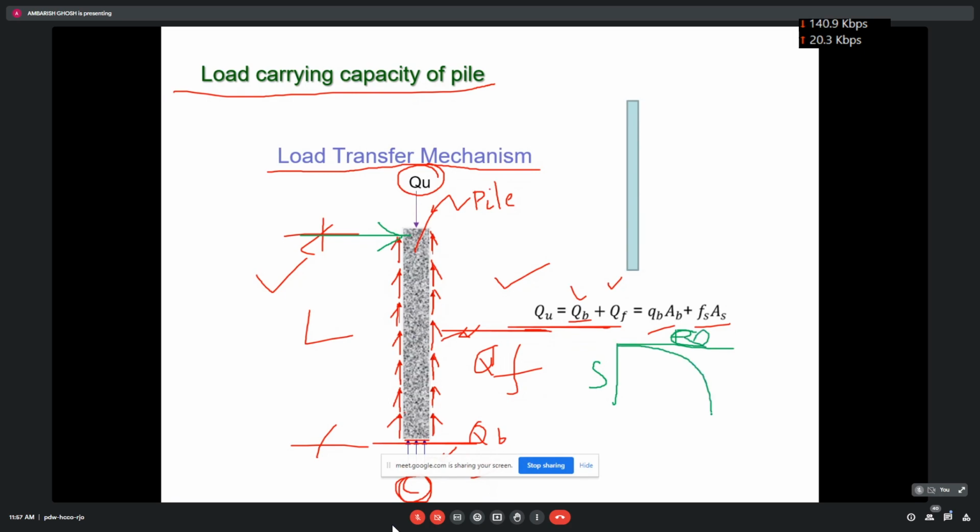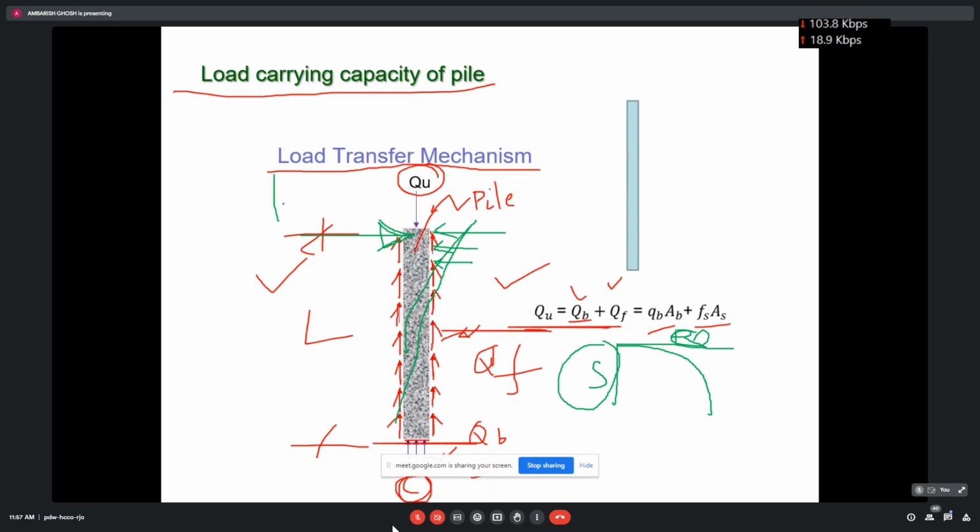Now similarly, if you apply horizontal load, what will happen? Here the settlement is vertical. In this case, the pile will deflect like this, isn't it? You will get resistance from this side and from this side. Are you getting my point?